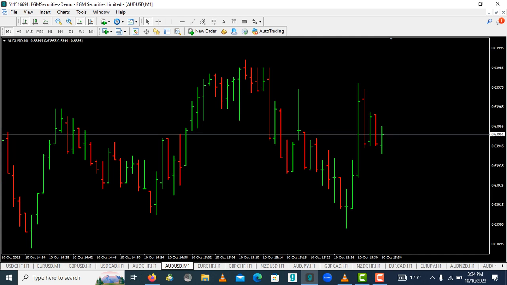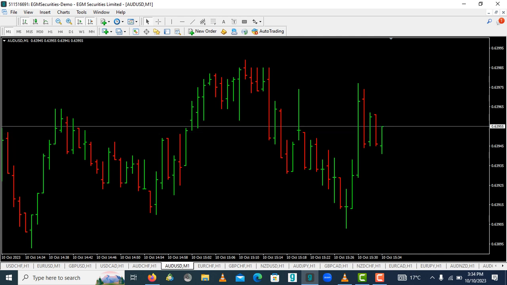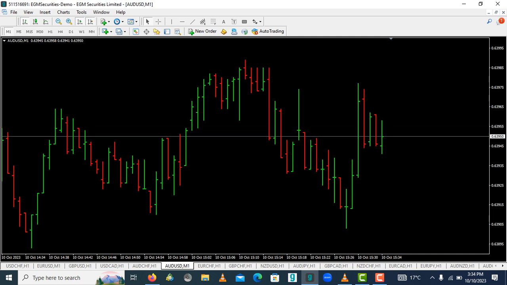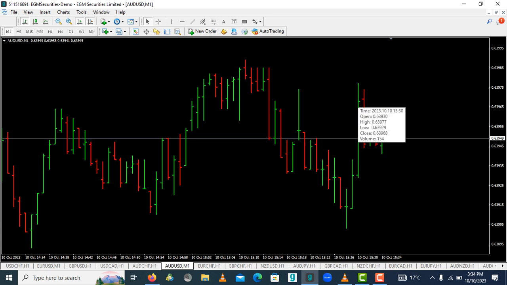This simply means that the protruding part on the left was the opening price for that bar during that time frame. For instance, in this one, the price opened here, perhaps it moved down a little bit, and then it moved up, and then up again. After moving up and down, the price closed at this point.